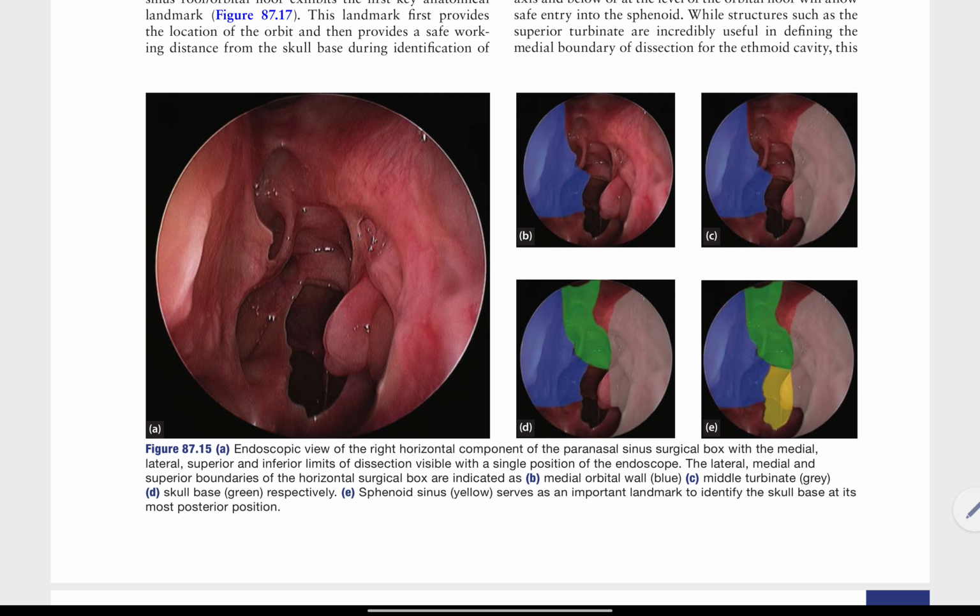The lateral, medial, and superior boundaries of the horizontal surgical box are indicated as B, medial orbital wall in blue, C, middle turbinate in gray, D, skull base in green, respectively. E is the sphenoid sinus in yellow, which serves as an important landmark to identify the skull base at its most posterior position.